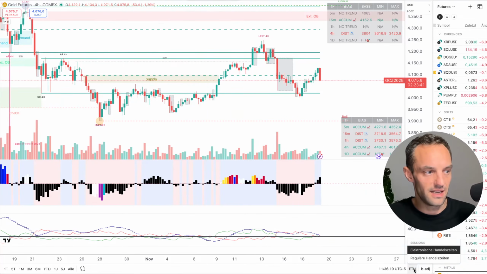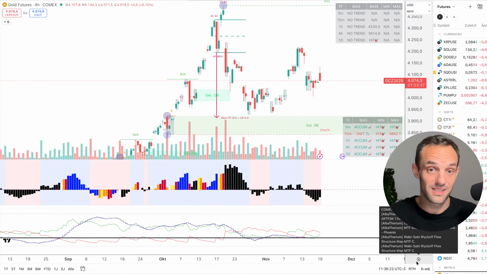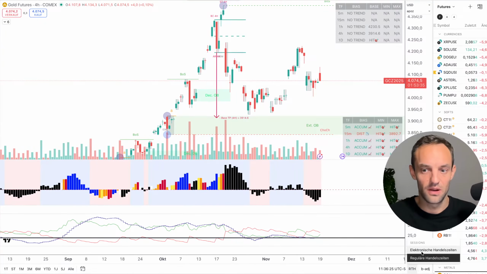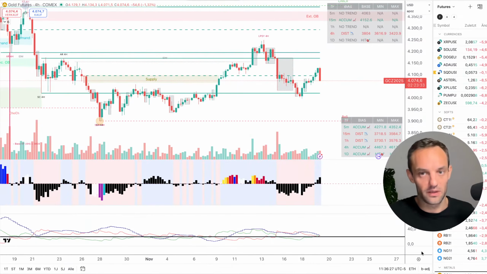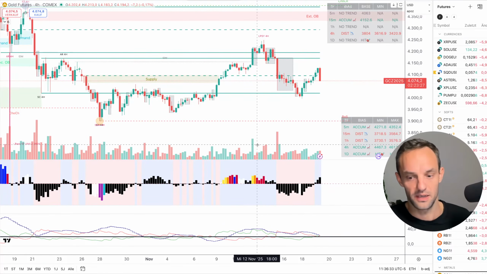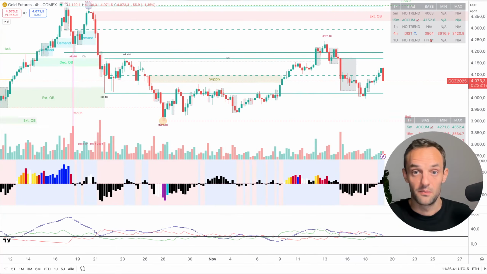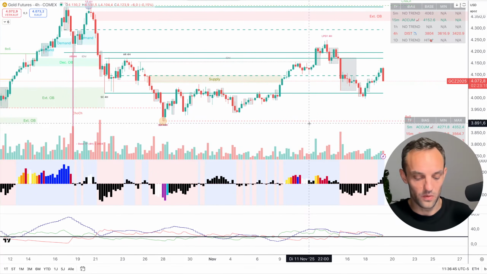There is this ETH button or RTH button, and of course this setting has to be ETH, electronic trading hours, because we want to have the full information, not just the RTH, the regular trading hours. We want to have all the sessions, all the volume which was traded, because we will have a totally different result when we use different settings.